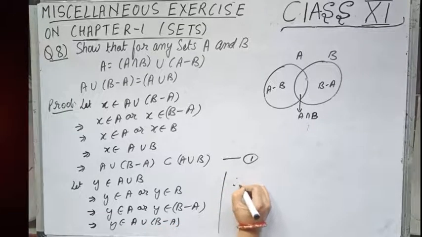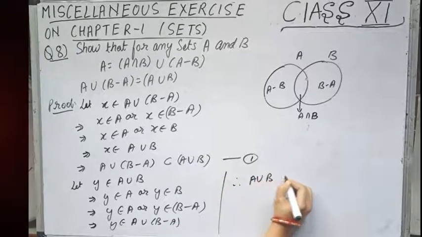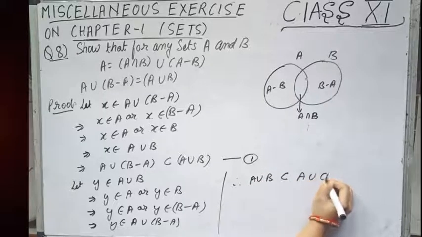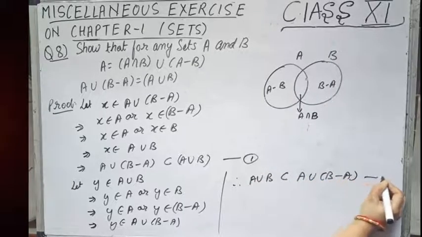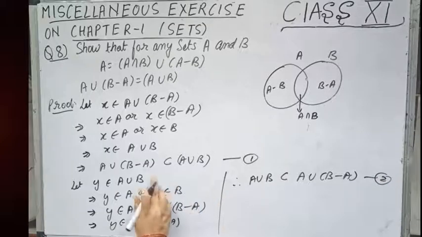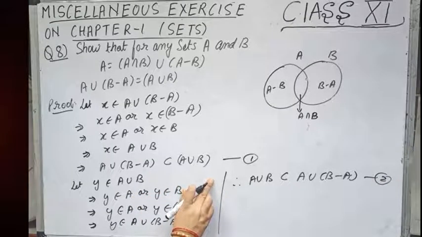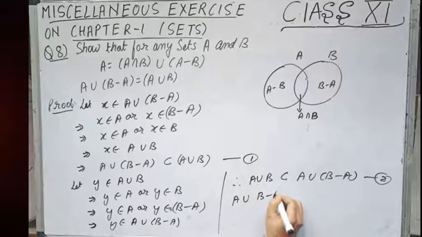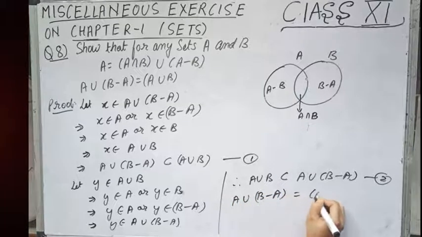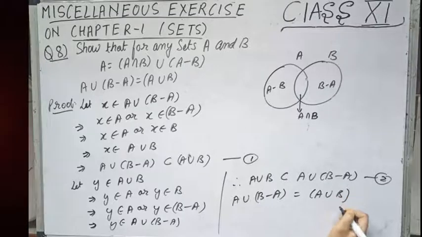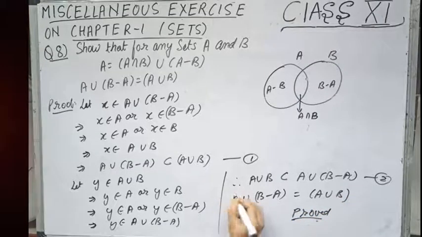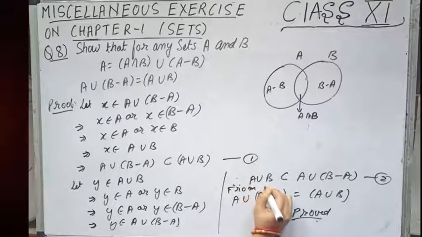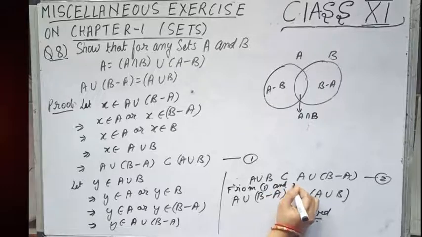Therefore, A union B is a subset of A union (B minus A). Make it equation number 2. So from equation 1 and 2 we get A union (B minus A) equals A union B, and hence it is proved.